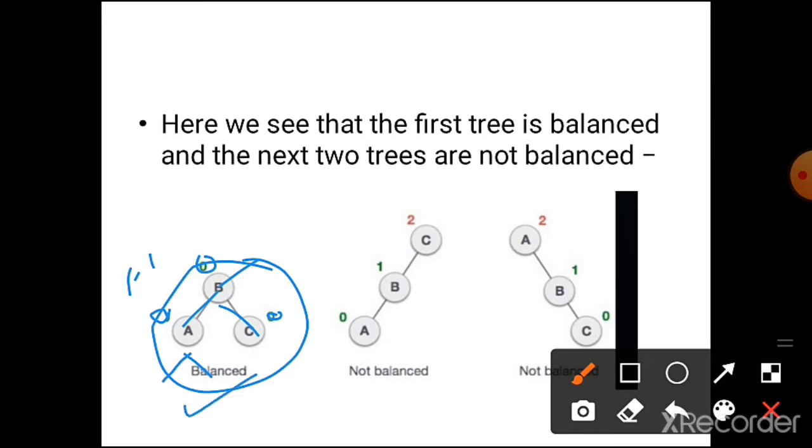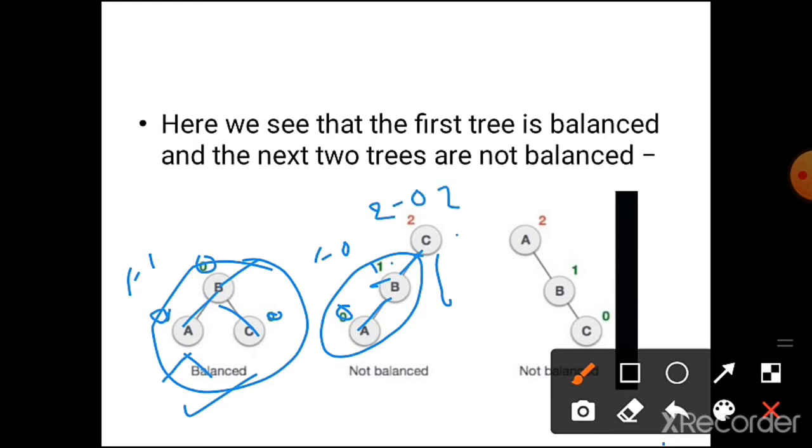In this case, the child node A has 0 balancing factor, B has 1 because its left subtree has height 1 and there is no right subtree, so 1 minus 0, that is 1. And in the case of C, the height of the left subtree is 2 and the right subtree is 0, so 2 minus 0 will be 2.